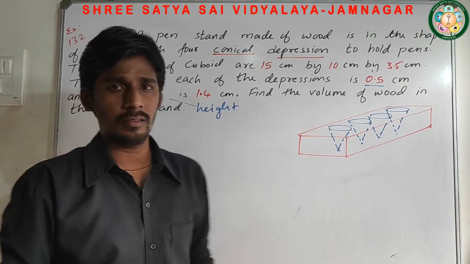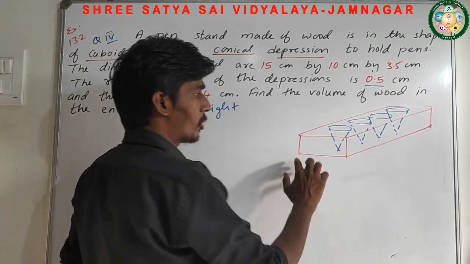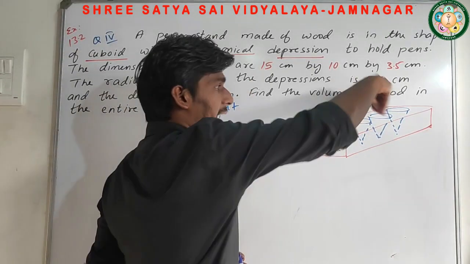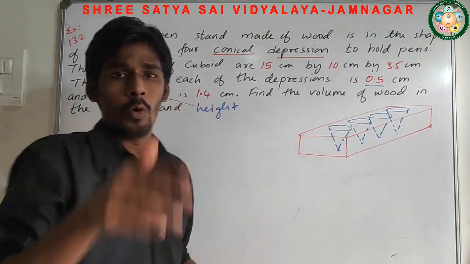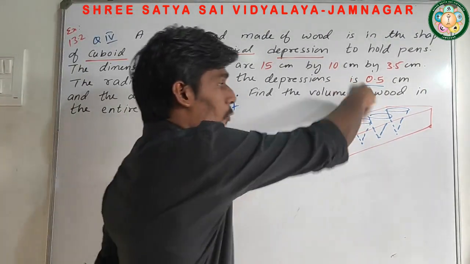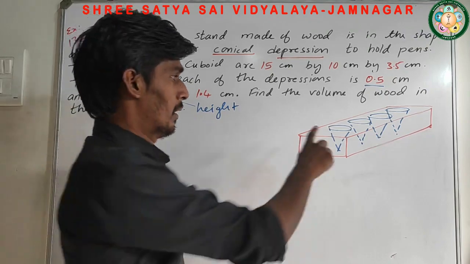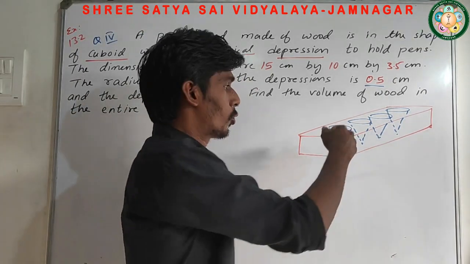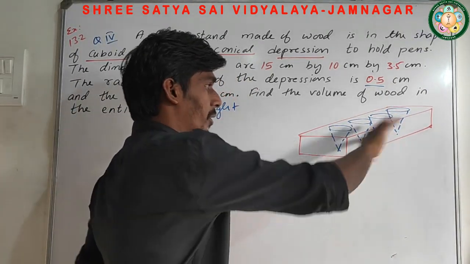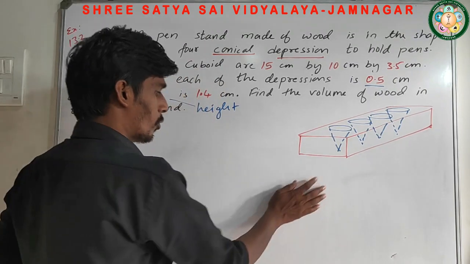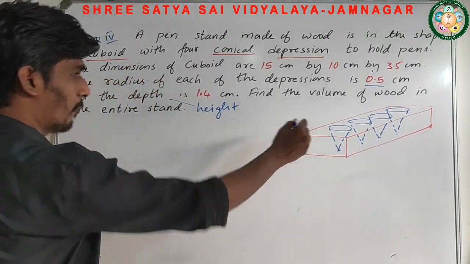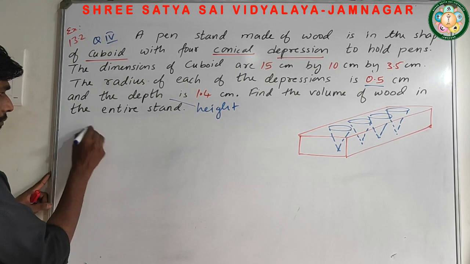Now how to find the volume of wood? In this whole cuboid 4 holes are made, so by making holes, the wood that was here will be removed. These 4 holes are there, so wood is going to be removed from this cuboid. So first of all let's draw a diagram for a simple cone.